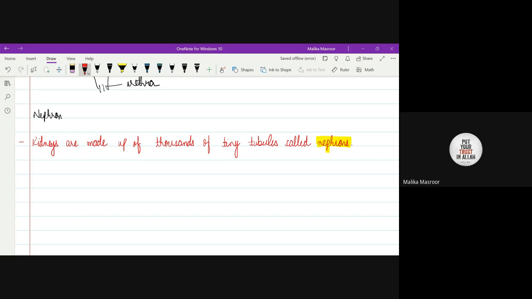Okay, each nephron begins in the cortex. Loops down into the medulla. Okay, back into the cortex.